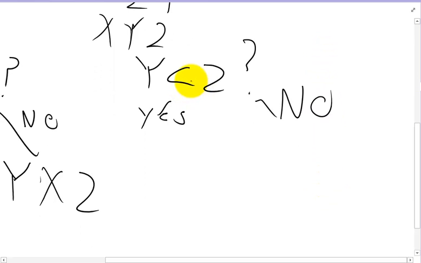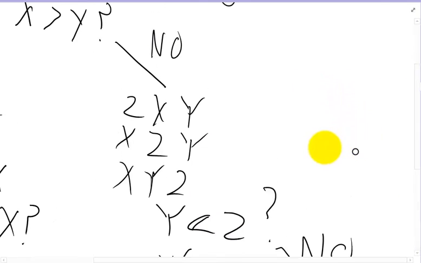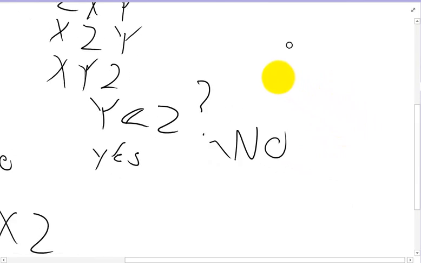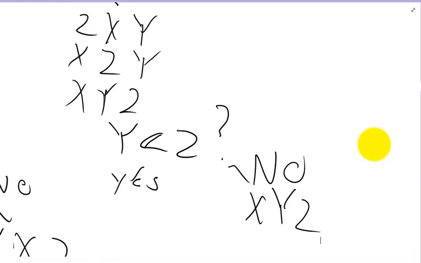So if it's a no, then I know that y is greater than z, and I know that x is greater than y. So I know x is the greatest element, y is the second biggest element, and z is the third biggest element. Actually, no, I'm sorry. Then I know the reverse. Then I know that x is the smallest element, y is the medium element, and z is the biggest.